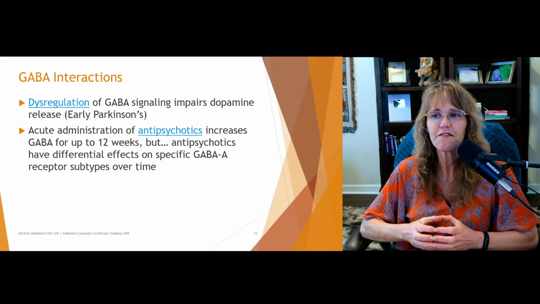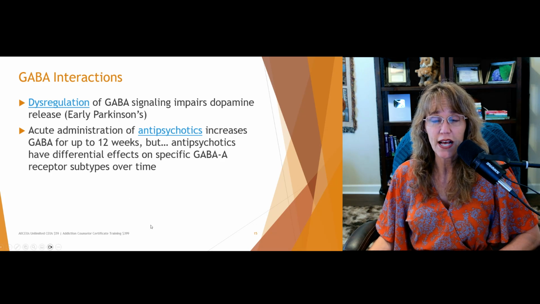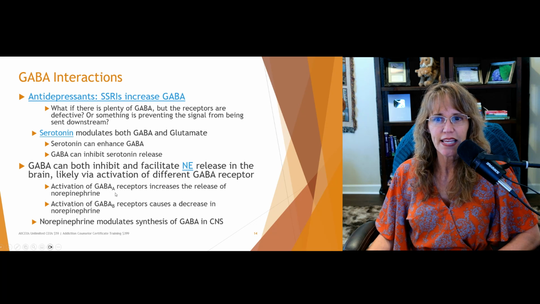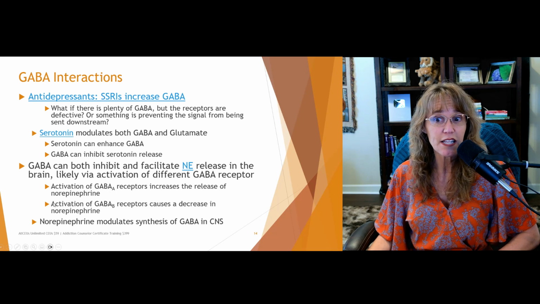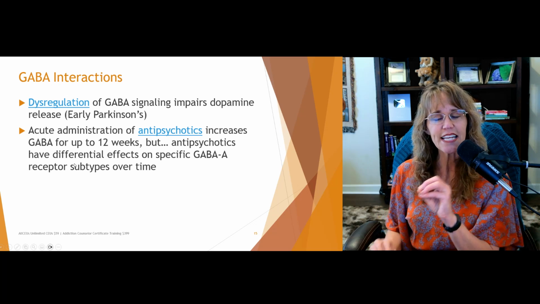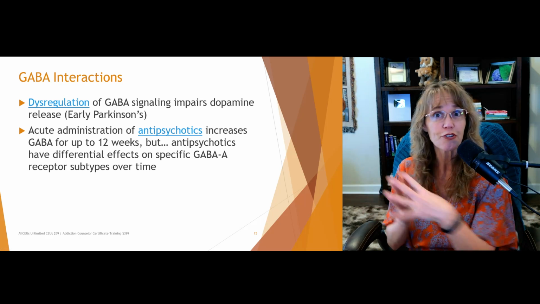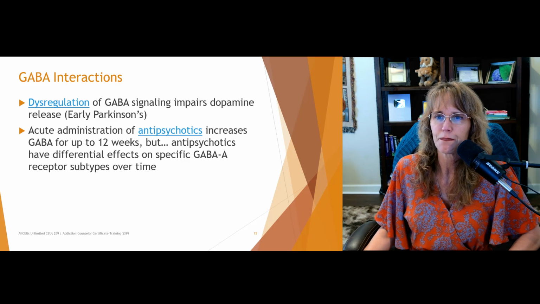Antipsychotics have differential effects on specific GABA A receptor types over time. So let's go back here. GABA A increases the release of norepinephrine. So antipsychotics actually start acting on that receptor that increases norepinephrine levels.